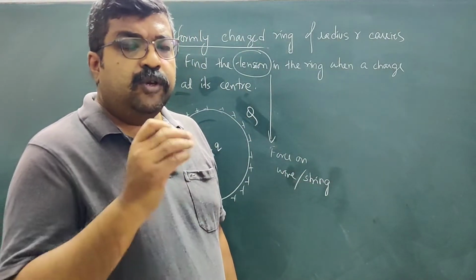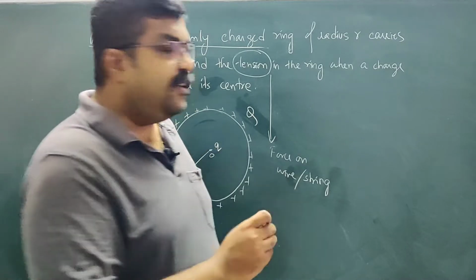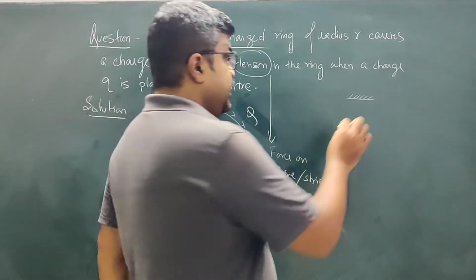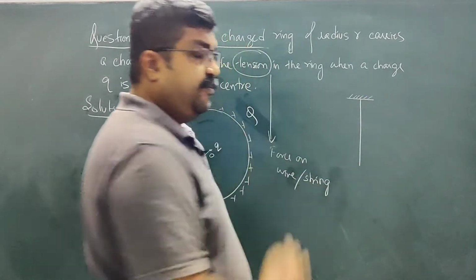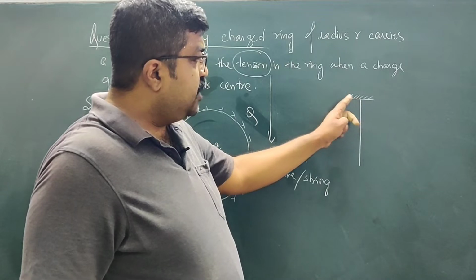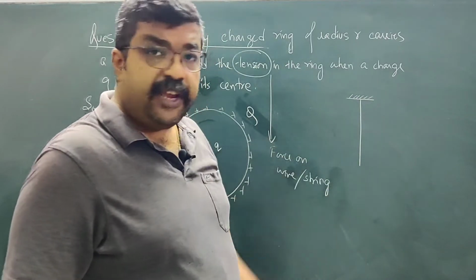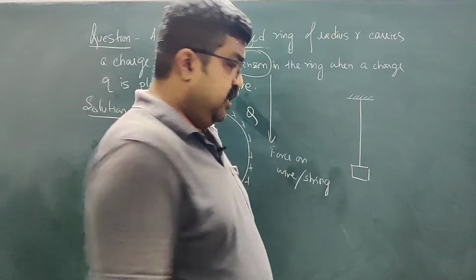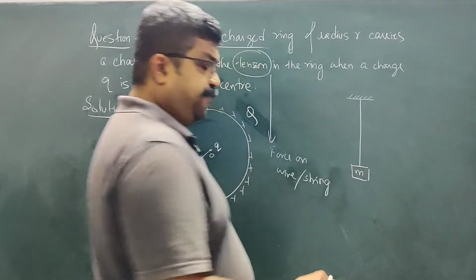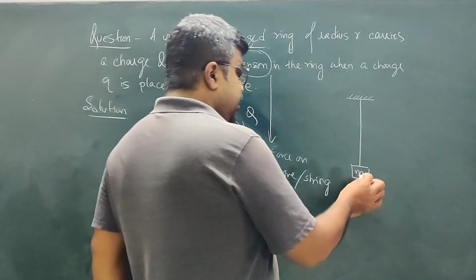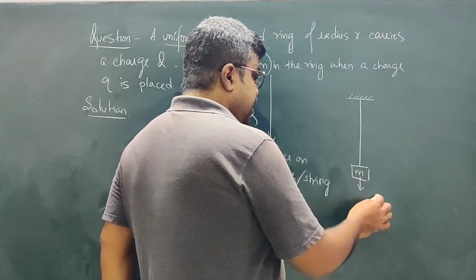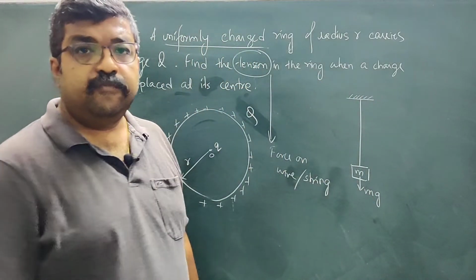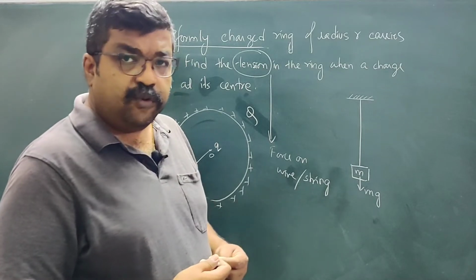Just to remind you what we learned in class 11, suppose this is a rigid support, and this is a string. This end of the string is attached to the rigid support. This is the free end. To the free end a load is attached, and this load has some mass m. Obviously this mass will experience a downward force due to its weight, which is because of gravitational force.